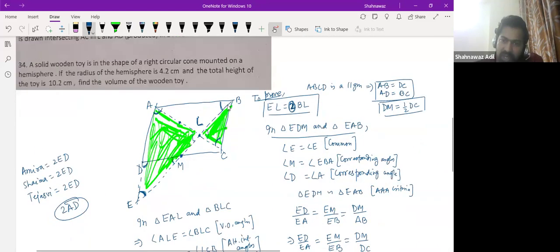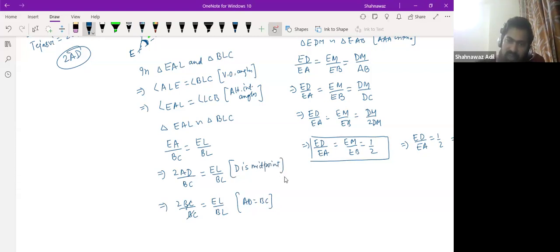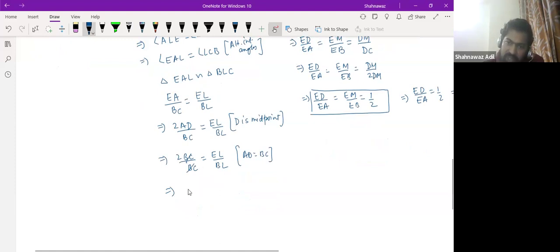So in place of BC, I can write AD, or in place of AD, I can write BC, because AD equals BC. And this is right because D is the midpoint. Okay, then we have got our result, right? So this goes in here. So EL is EL. So this was again an integration.